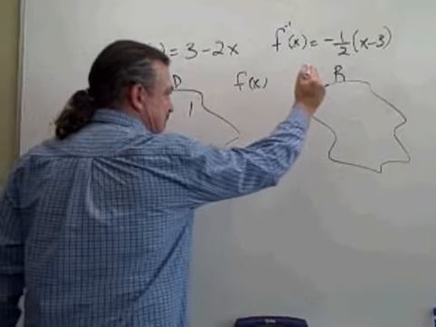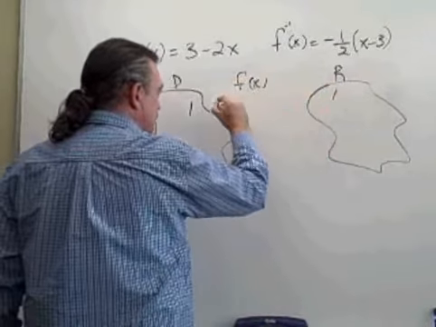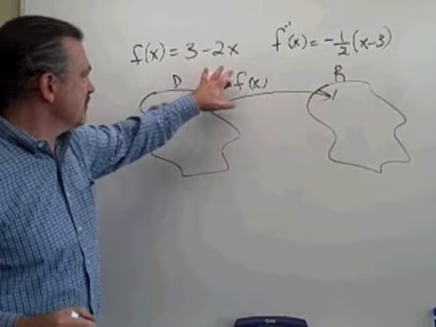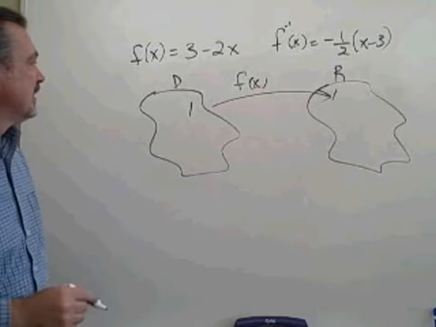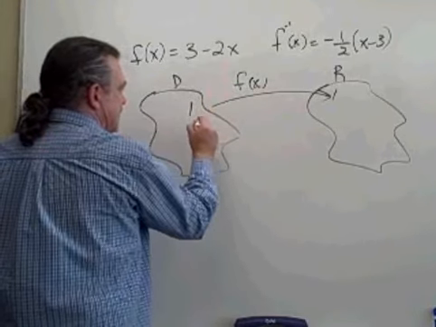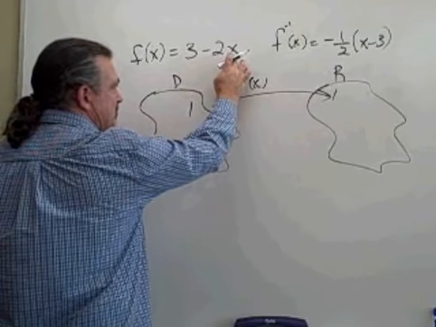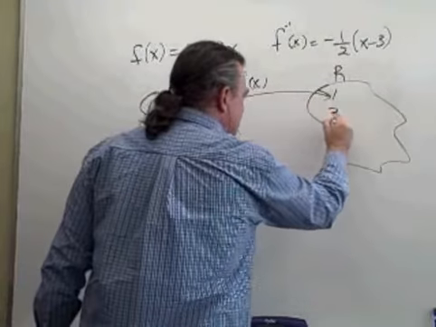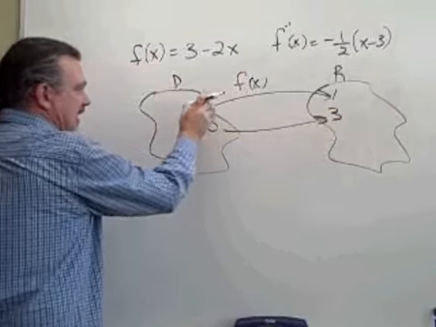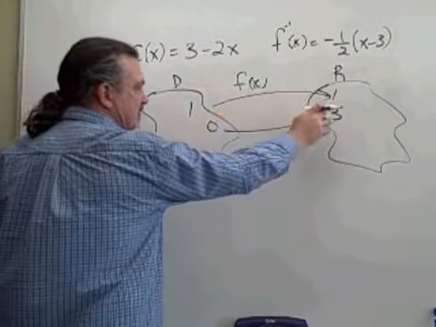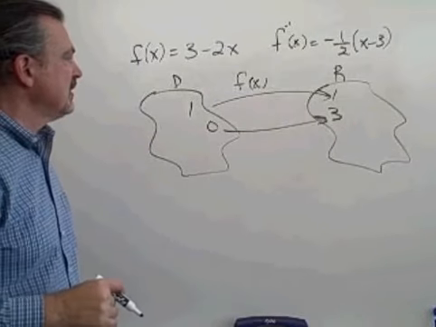That would then map into a range value of 1. If we let x take on the value of 0, 2 times 0 is 0, 3 minus 0 is 3. A domain value of 0 for function f maps into a range value of 3.